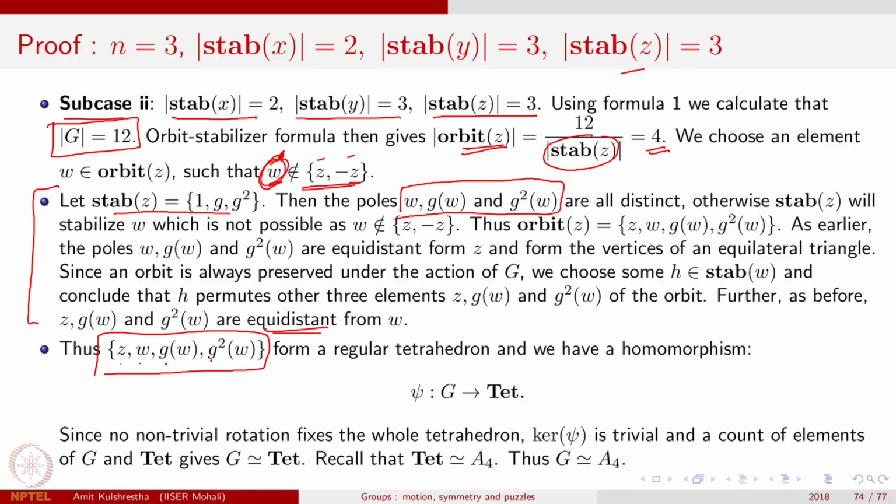Since they form a regular tetrahedron, I can have a homomorphism from the finite group G that is given to me to the group of rotations of the tetrahedron. Again, it is not very difficult to conclude that G is A4, because you can make a count of elements. So the group in this case is A4.